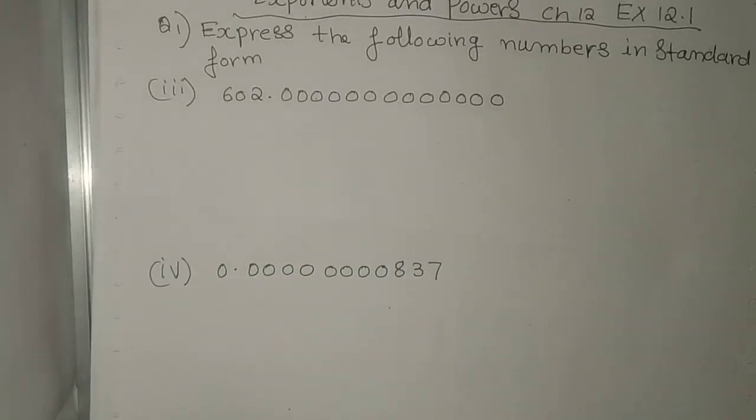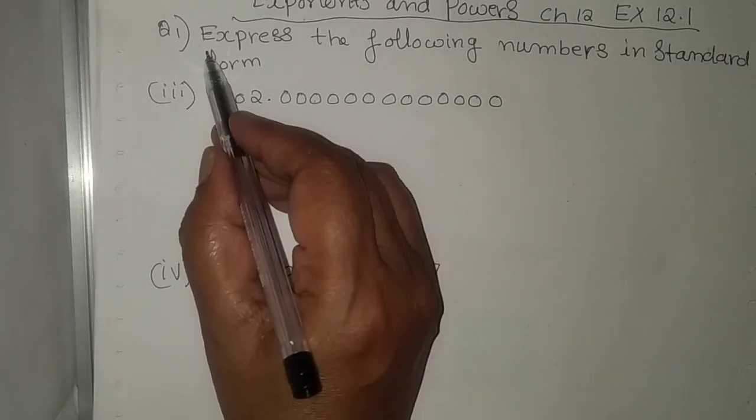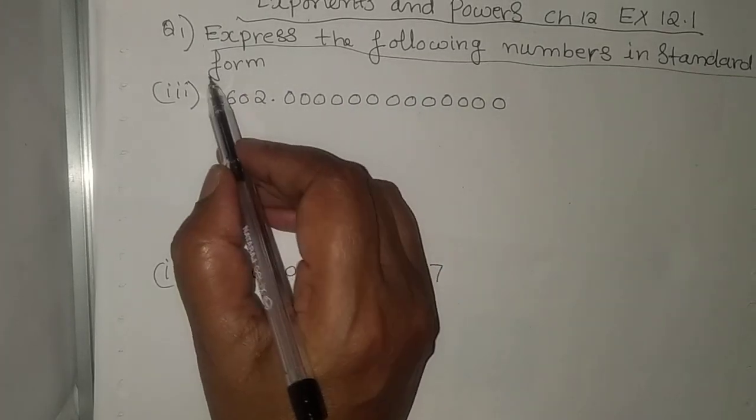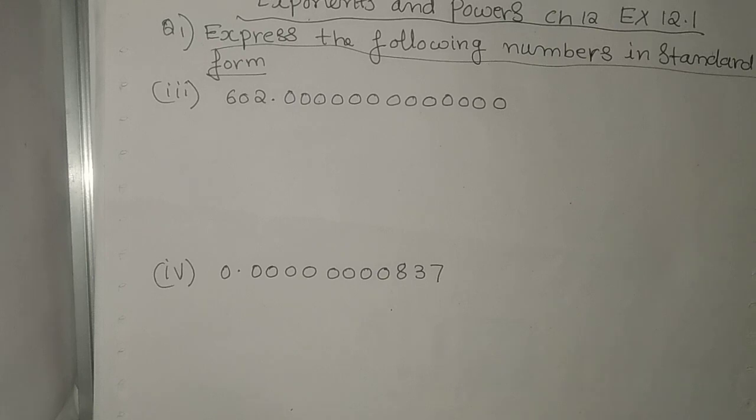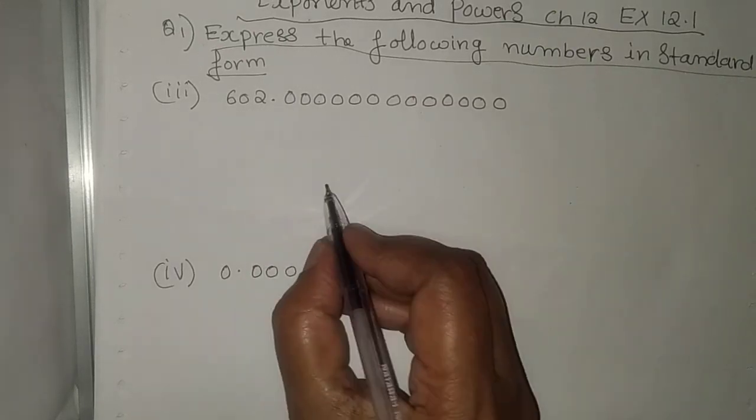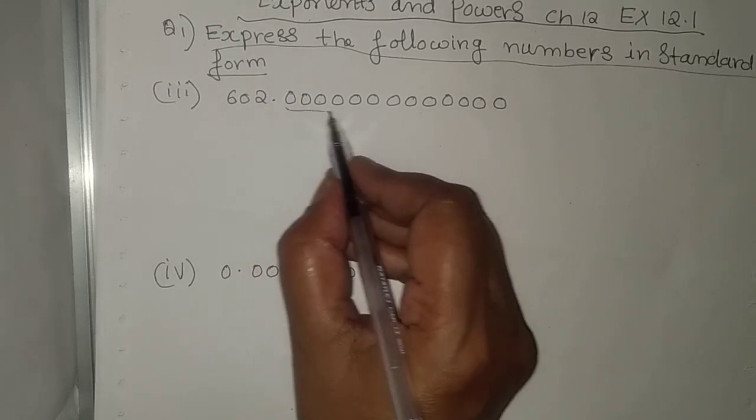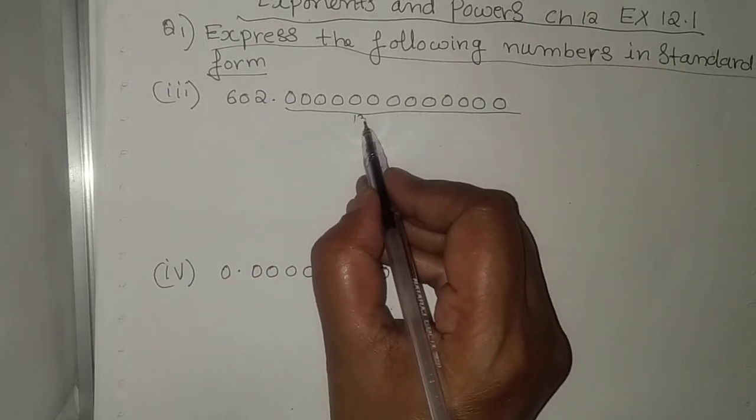Third problem is the following in the standard form. Third is given as 602 followed by 13 zeros.